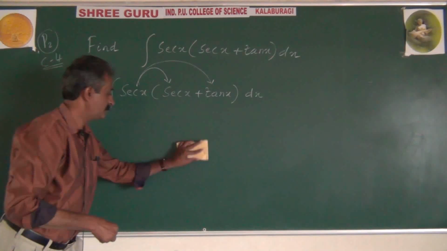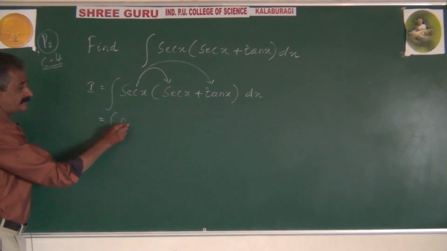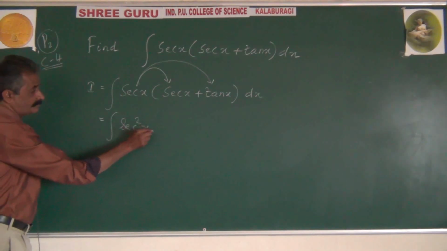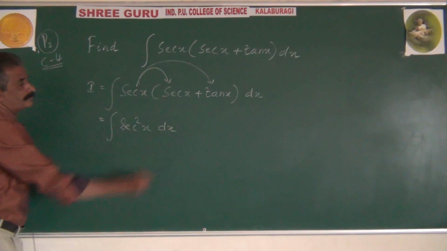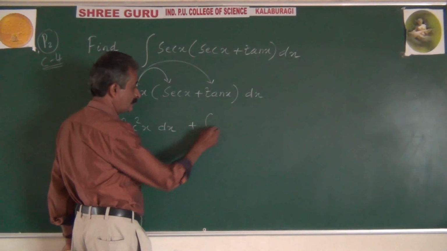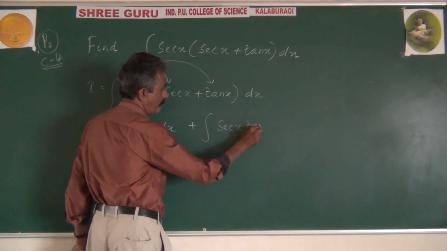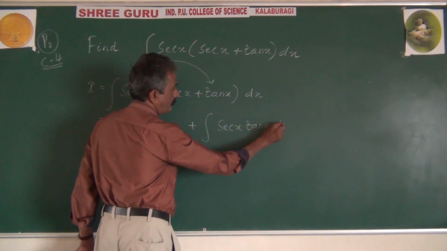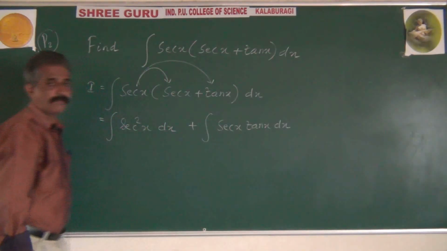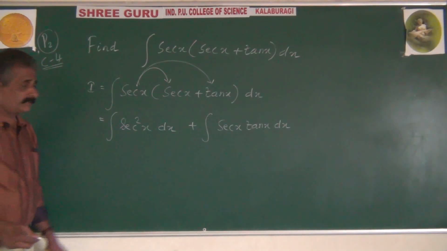Two terms. First term, integration of sec x into sec x is secant square x, plus next term, integration of sec x into tan x. We have direct formulas in the list.